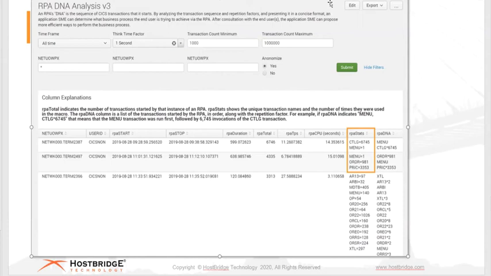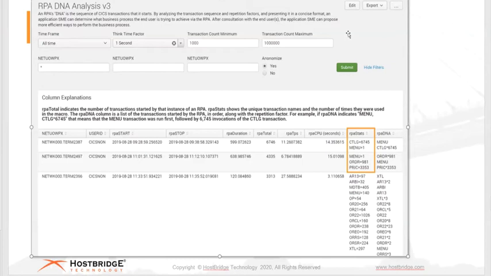The RPA over that 10 minutes of time ran 6,746 transactions. It chewed up 14 seconds of CPU time, and this is a big modern mainframe system. That's a lot of time. And in the RPA stats, you can see the transactions that it ran and the number it ran, sorted by alphabetical order.